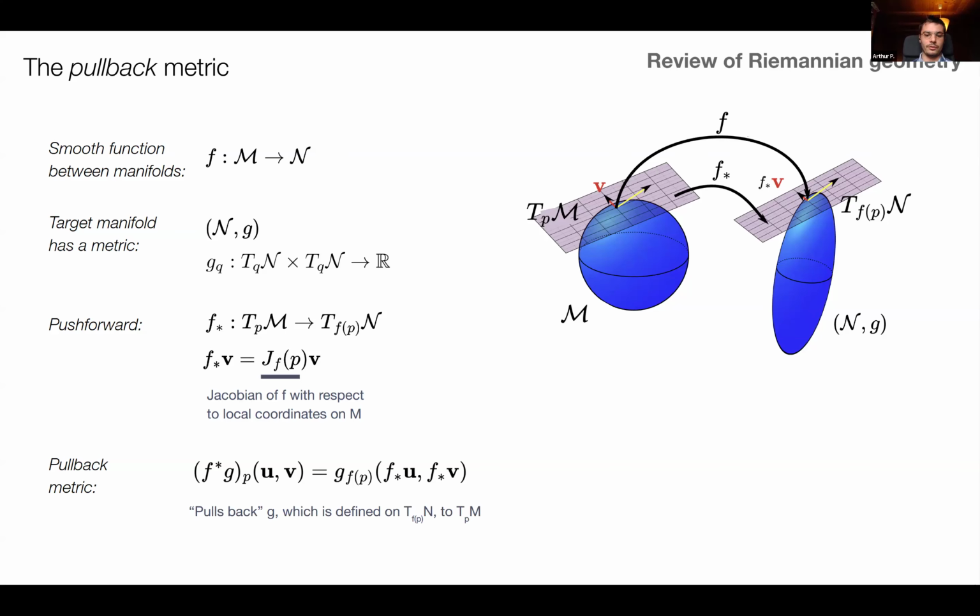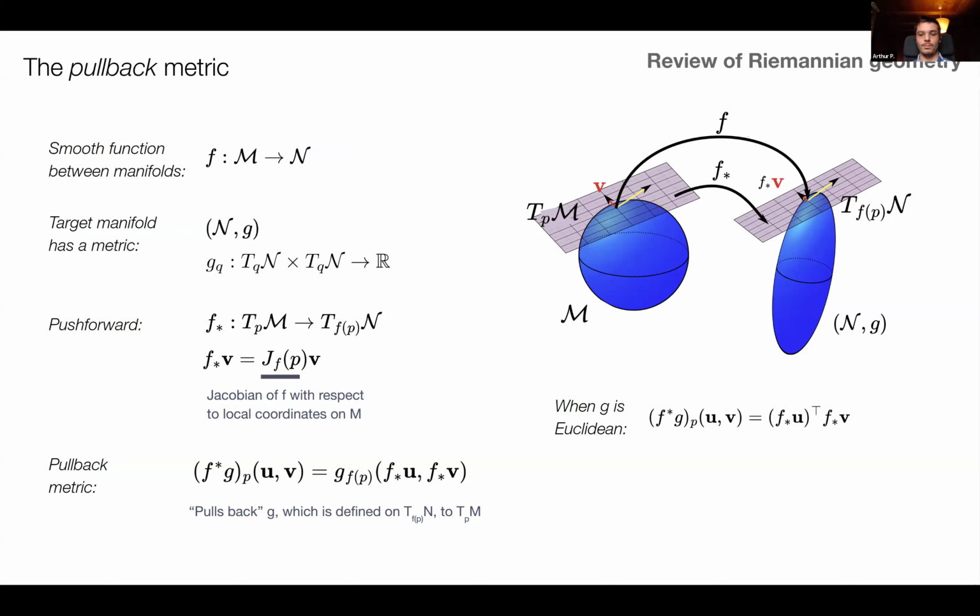So this is the pullback from N to M. Now, a particular case that will be of interest to us is the case where N is some Euclidean space, for example, the space of activations of my hidden layer, a very high dimensional space. And in that case, a metric of interest is just the Euclidean metric, so the Euclidean dot product.